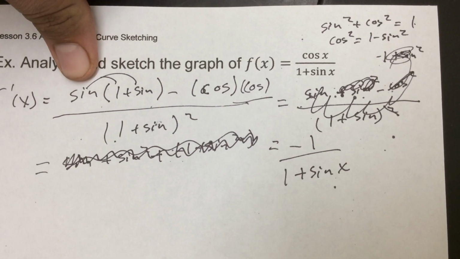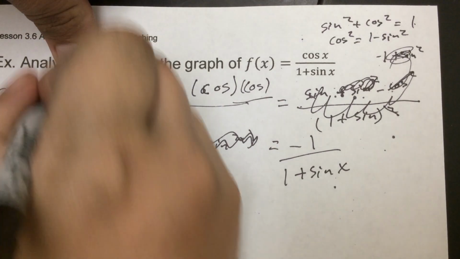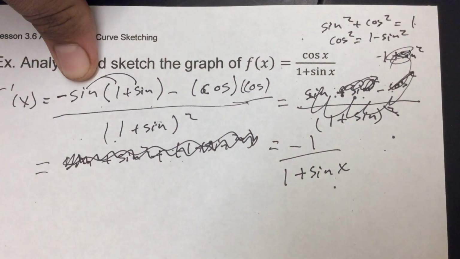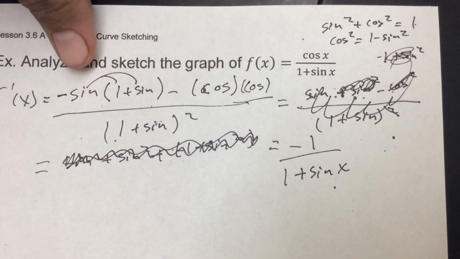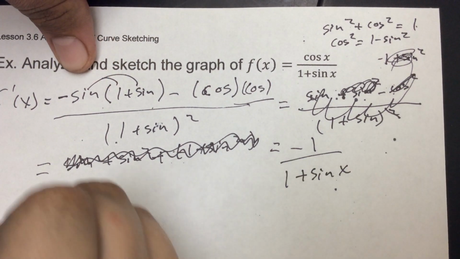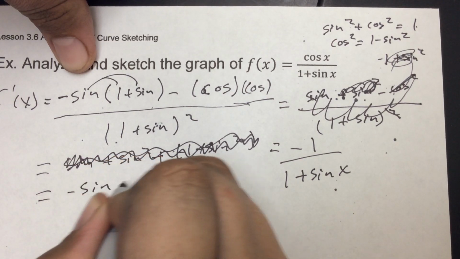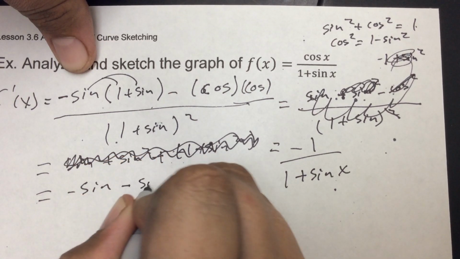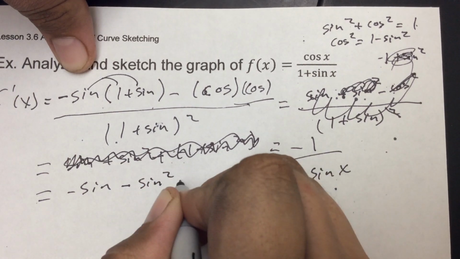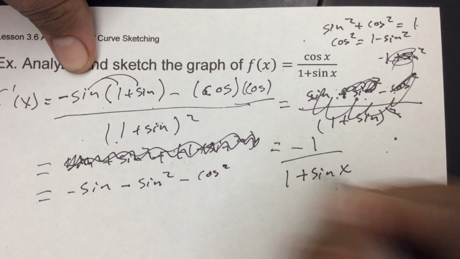So derivative of cosine would go to a negative sine. There we go. It just hit me. So we would have actually negative sine minus sine squared minus cosine squared.